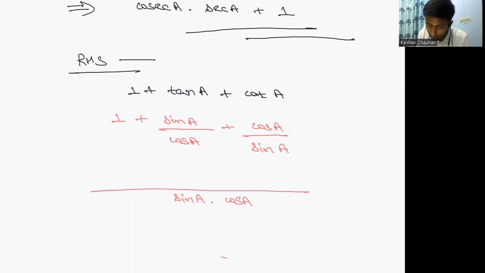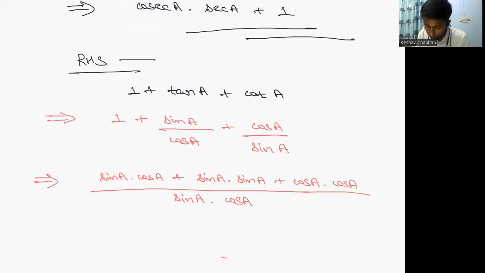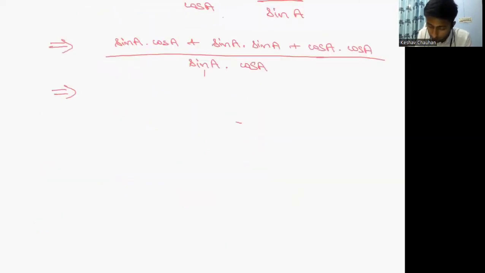Here, the first term we'll get sine A into cos A plus sine A into sine A plus cos A into cos A upon sine A into cos A. Multiplication of sine A into sine A would be sine square A, no?